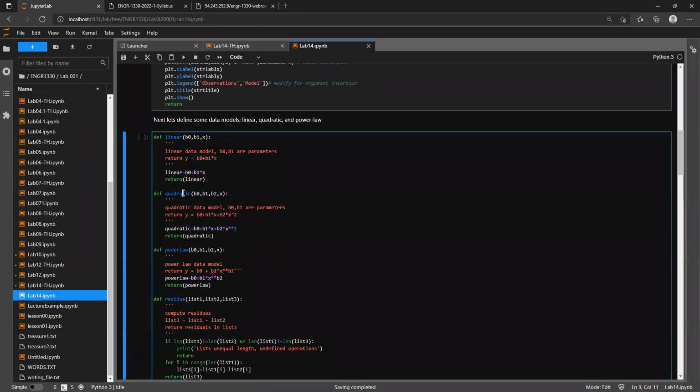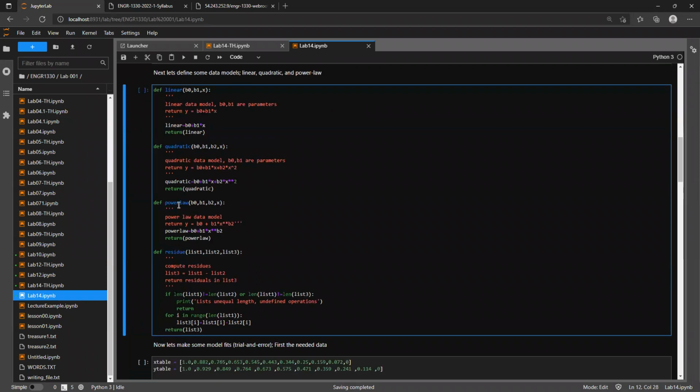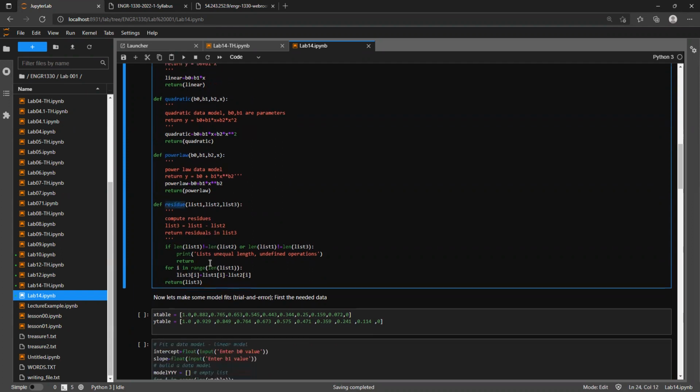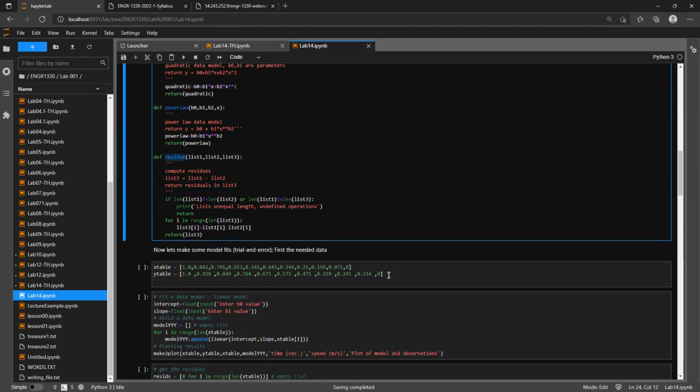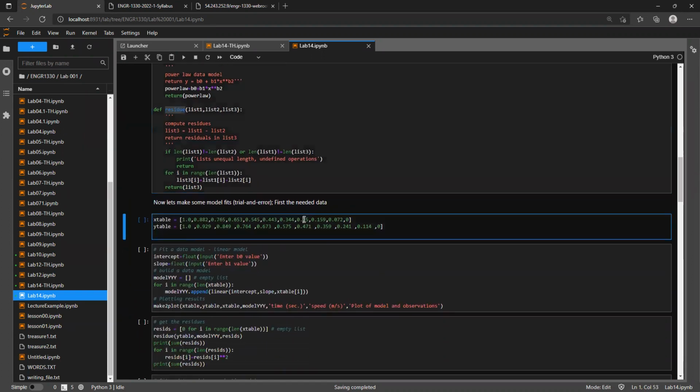Similarly, we've got a quadratic model, which instead of y equals something times x, goes up to x squared. And we've got something for x to some power. I'll explain this one when we get to it. Now let's actually use some of that in an example.